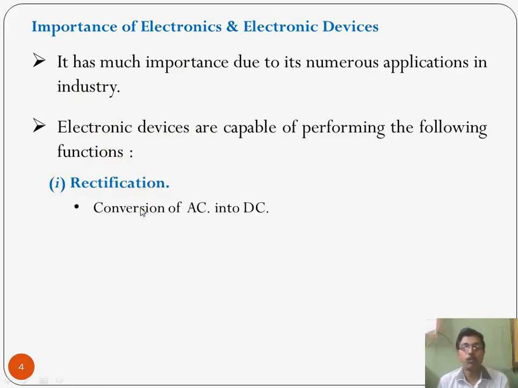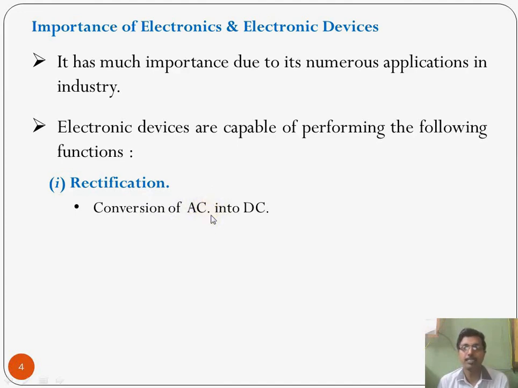As you all know very well, in our domestic applications, we are using AC supply. Someone uses a single phase AC supply and someone may use a 3-phase AC supply. But whatever it may be, it is an AC supply. If it is a single phase AC supply, then 230 volts is the voltage available at domestic applications.